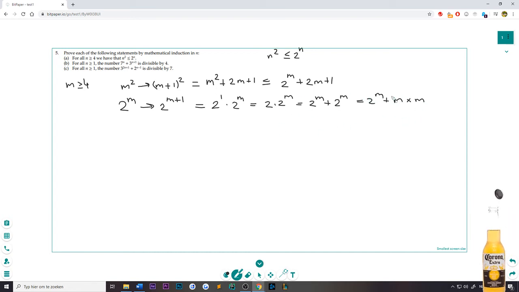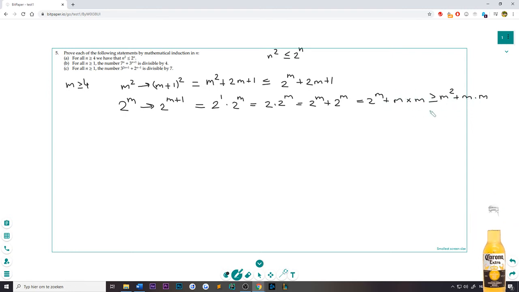And so since we know that this is always bigger than this, we know that this is always smaller than what's on this side, right?